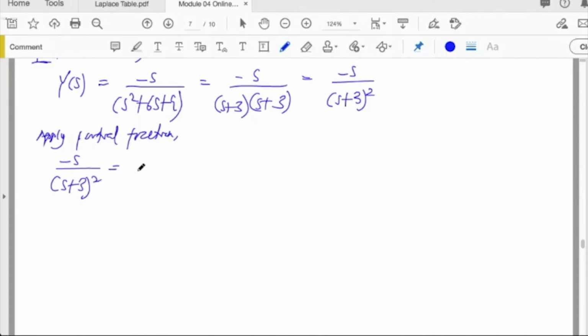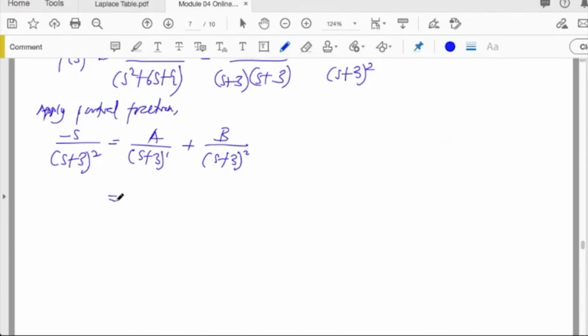We can separate this into a over s plus 3 to the power of 1, and the second term b over s plus 3 to the power of 2, so the coefficients will be a and b. Then we solve it: a(s plus 3) plus b equal to negative s.